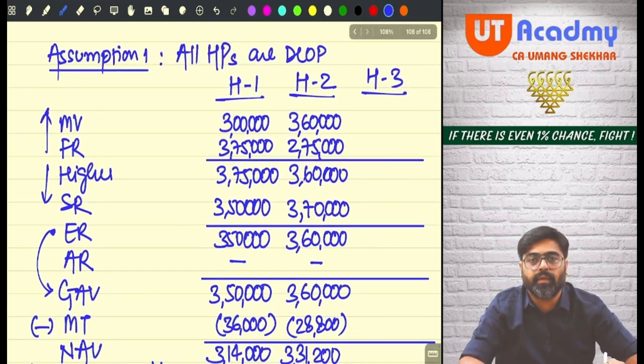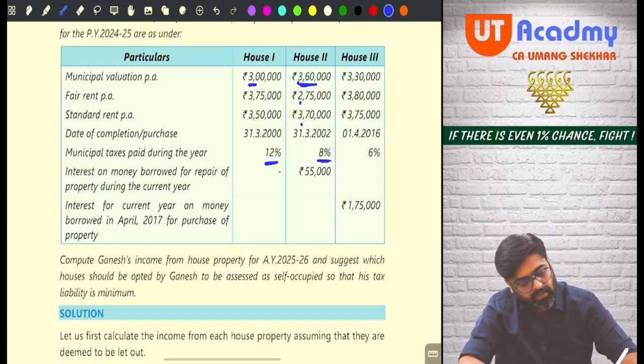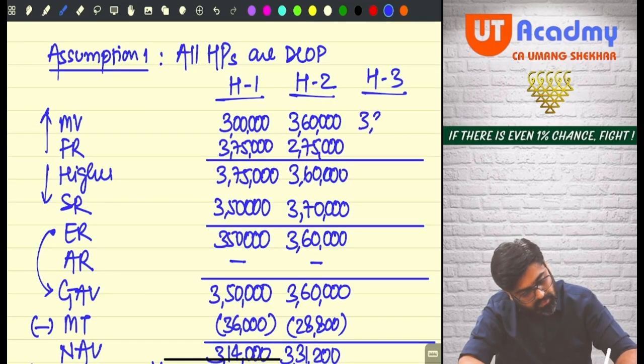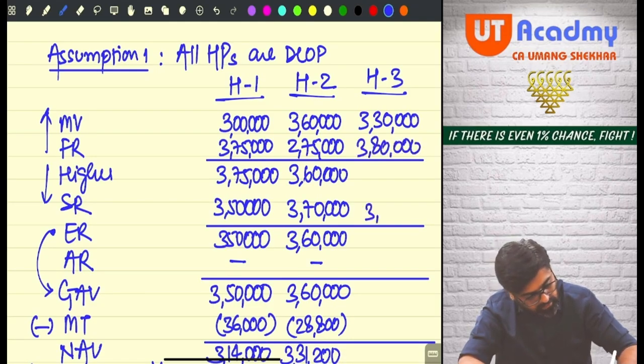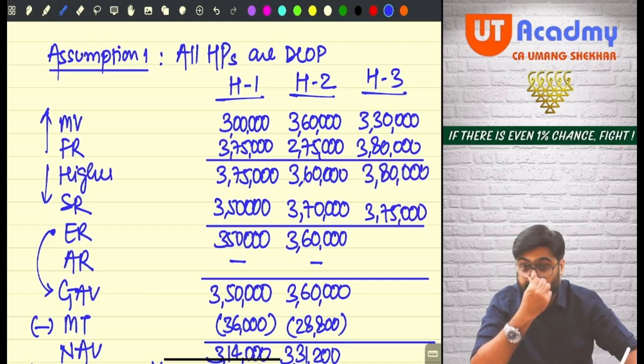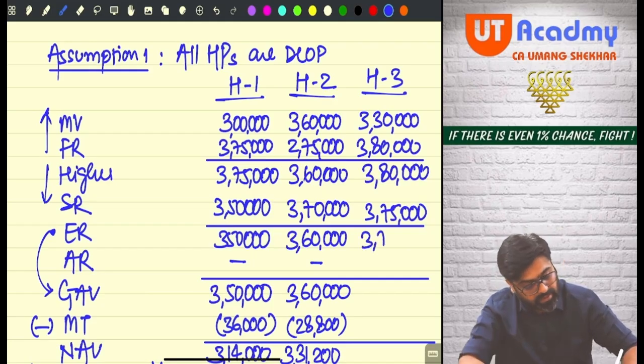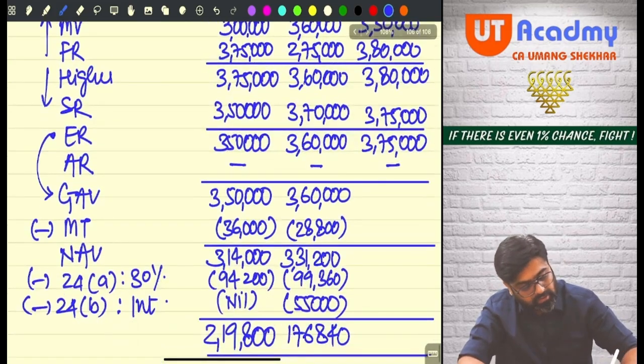House 3. This is 330, 380, 375. Whichever is higher, 380. 380 or 375, whichever is lower, 375. Is there any actual rent? No. So can I say 375 will become my GAV?